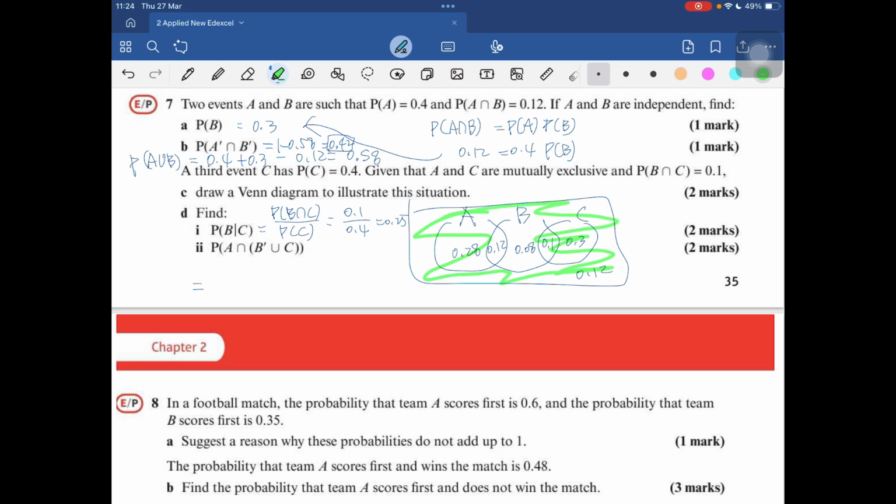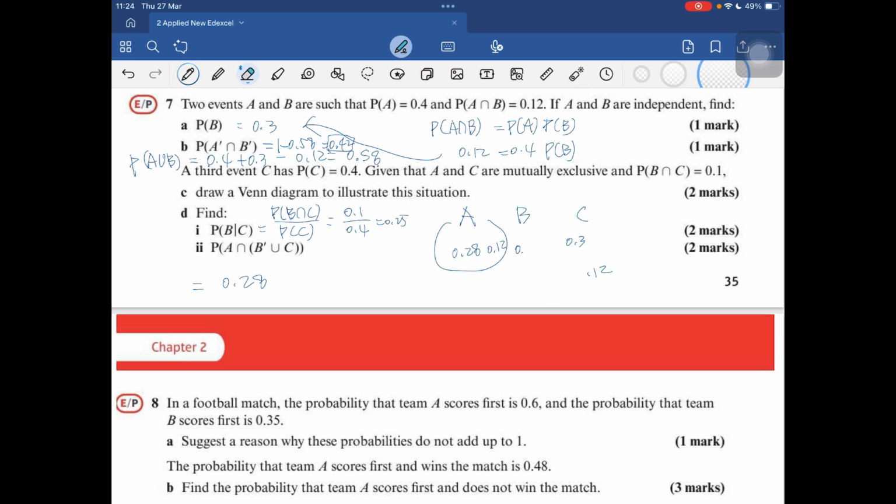So out of B, including all parts of C. So here, and intersection of A. So this one is 0.28. That's it.